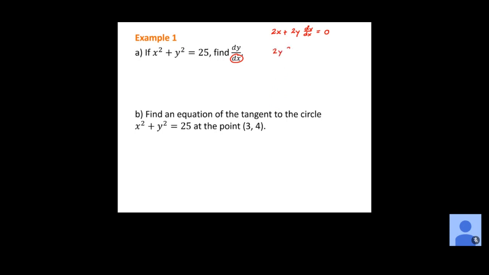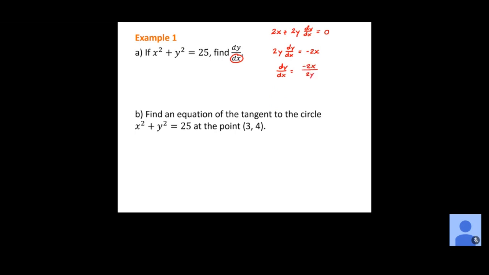So now we have 2y dy/dx equals negative 2x. Then we would do what? Good. Divide by the 2y. So we have dy/dx equals negative 2x over 2y.